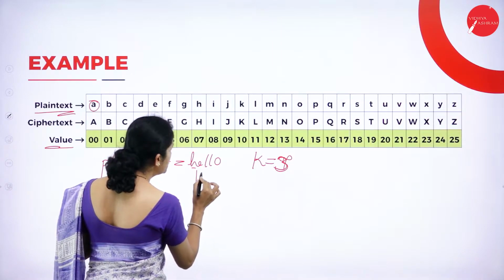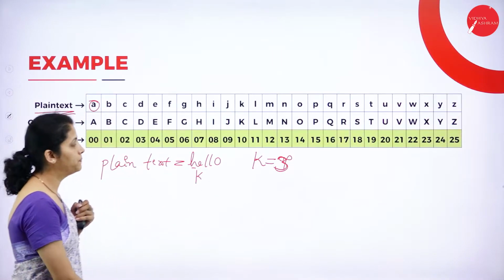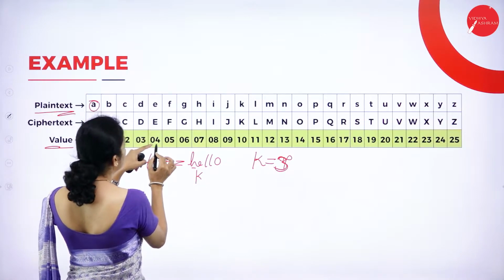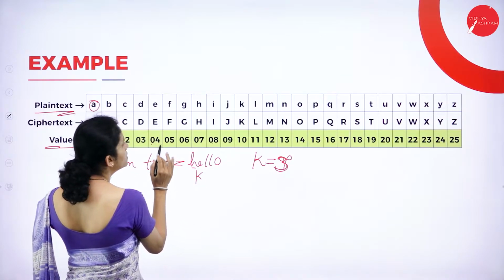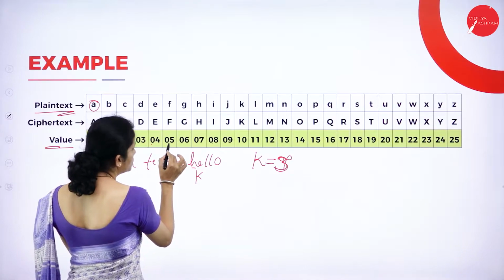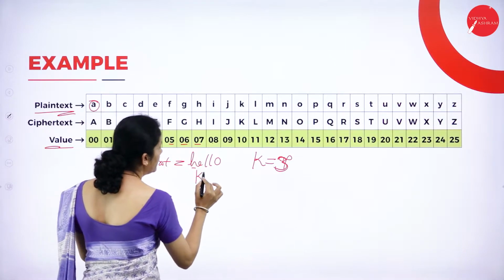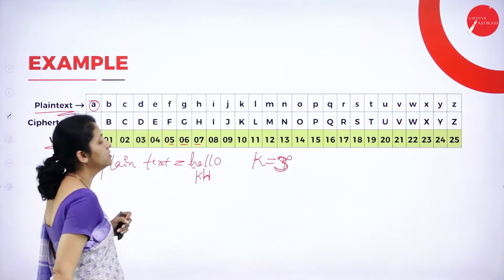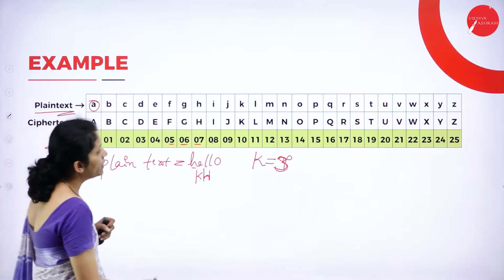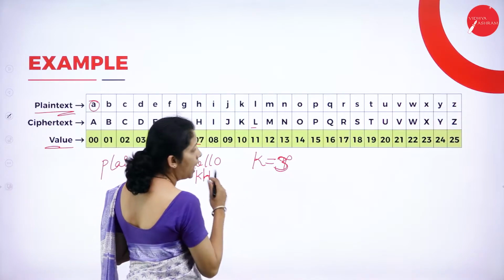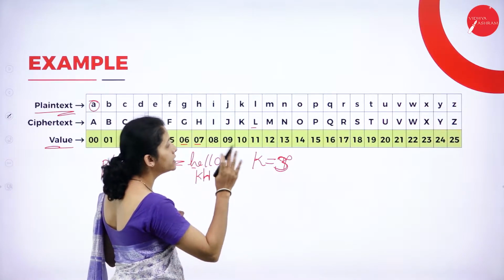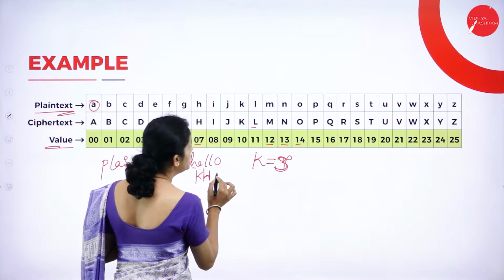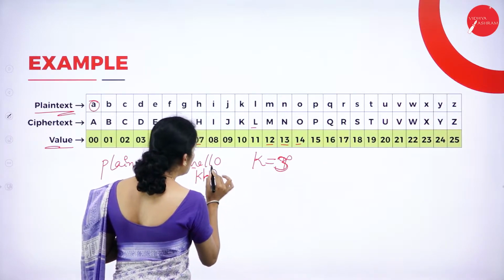H is replaced with the value K. Now, if I consider E, I want to add 3. So 1, 2, 3. E is replaced with the value H. Now, if I consider L, after L, I want to add 3 more positions. 1, 2, 3. So it is O.